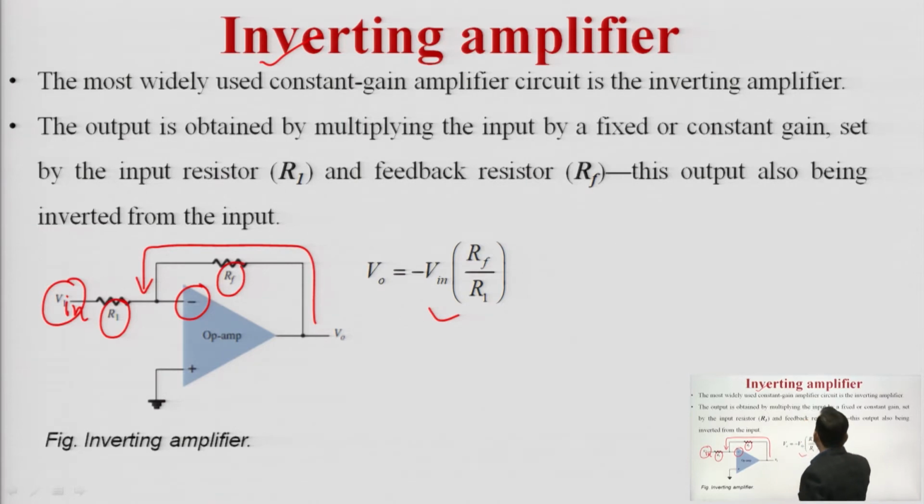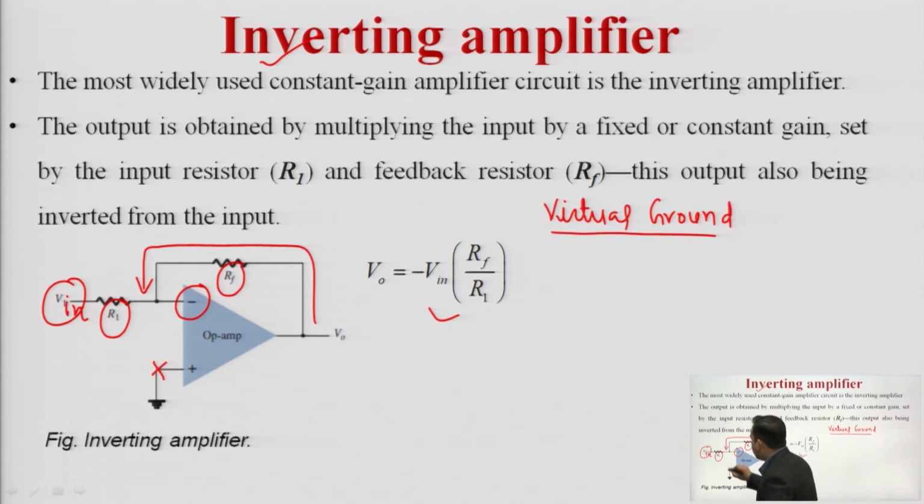If we utilize the virtual short, virtual ground: what this virtual ground says is that whatever the potential at this particular node, let us say this is A, the same potential will be observed at node B. This is called a virtual short or virtual ground, with the assumption that no current will enter into the input terminals of the op-amp, means no current will flow from this terminal to the ground terminal.